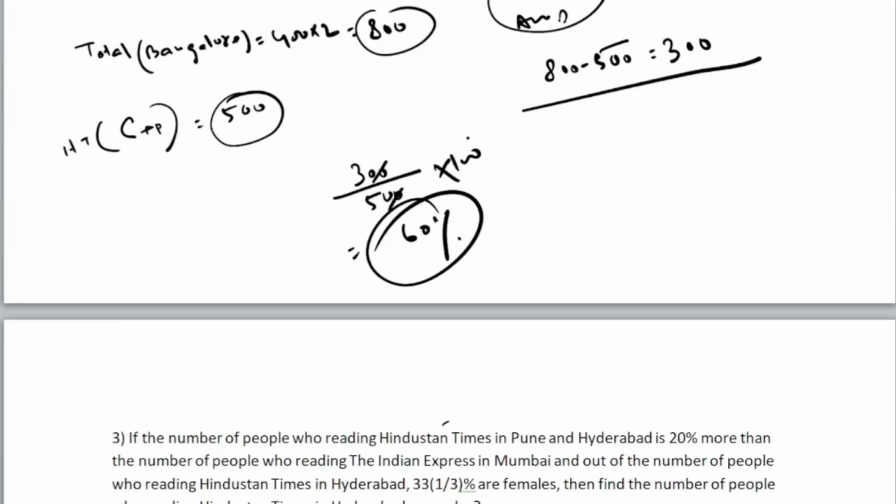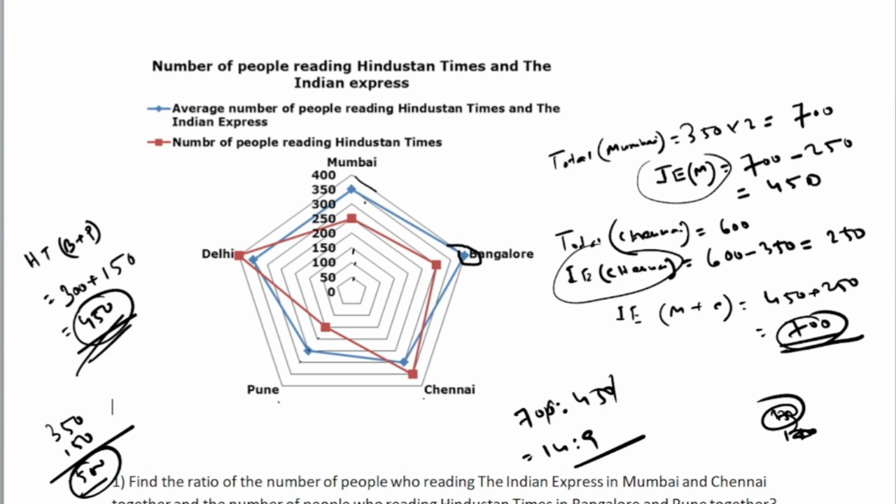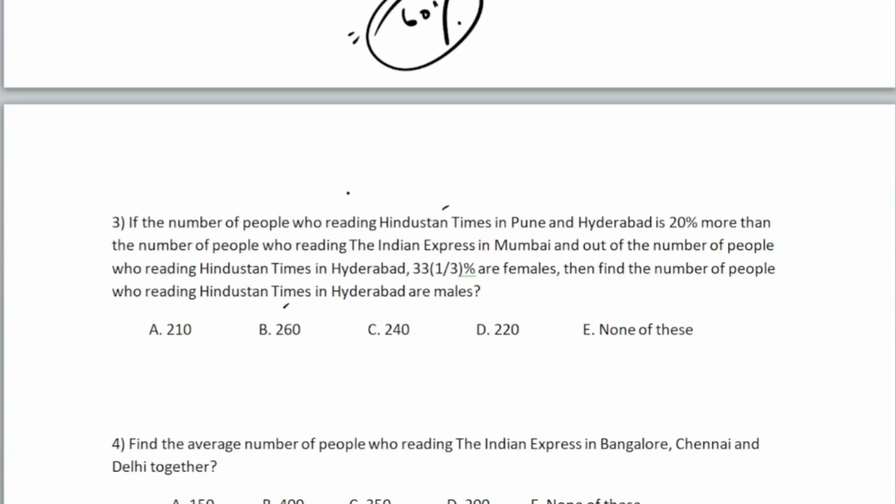Okay, Indian Express in Mumbai पहले निकाल लेते हैं इसको. मुंबई में इंडियन एक्सप्रेस कितने सारे लोग पढ़ रहे हैं. सो मुंबई में टोटल नंबर ऑफ पीपल हु आर रीडिंग न्यूज़पेपर्स, the two newspapers, Hindustan Times and Indian Express, the average is 350. So the total number in Mumbai is 350 into 2, 700.